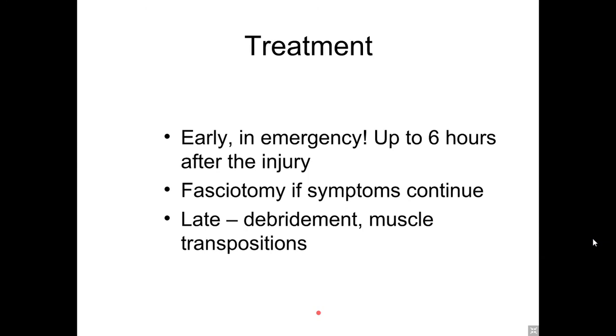The principles of muscle transposition are very, very strict, and we don't have to destroy additional function. We only have to regain the lost function.